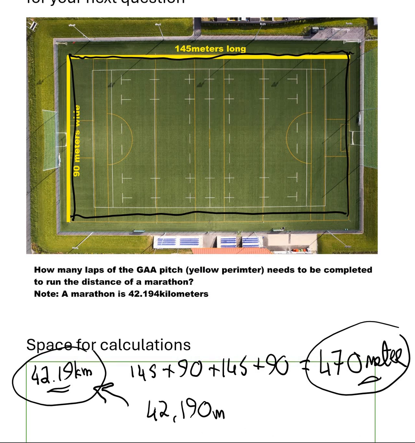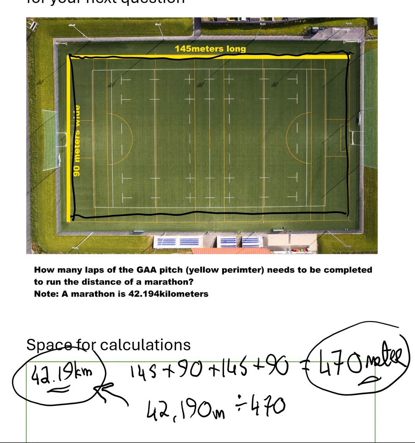In order to find out how many laps of the pitch I have to do to run 42,190 meters, I divide the perimeter of the pitch, which is 470 meters, into the distance of a marathon, which is 42,190.